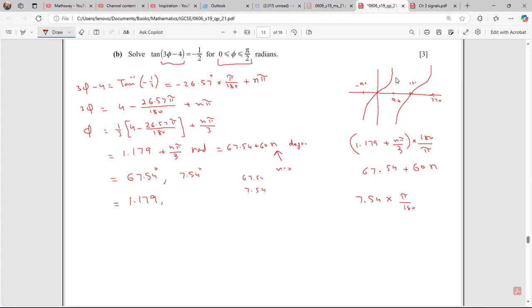Let me see what it will be. 7.54 multiplied by pi divided by 180 gives me 0.132. So these answers are in radians. So this is my final answer.